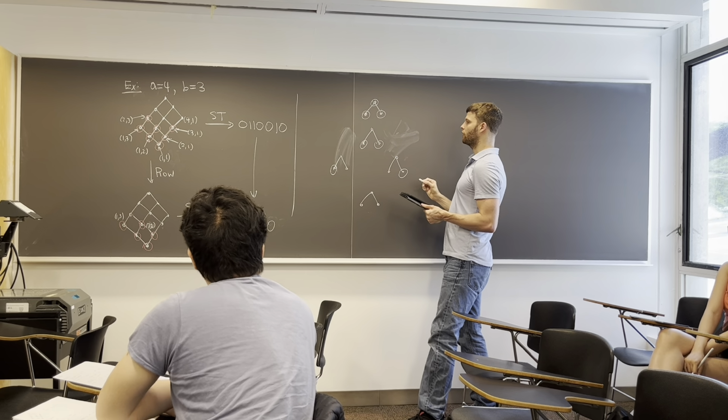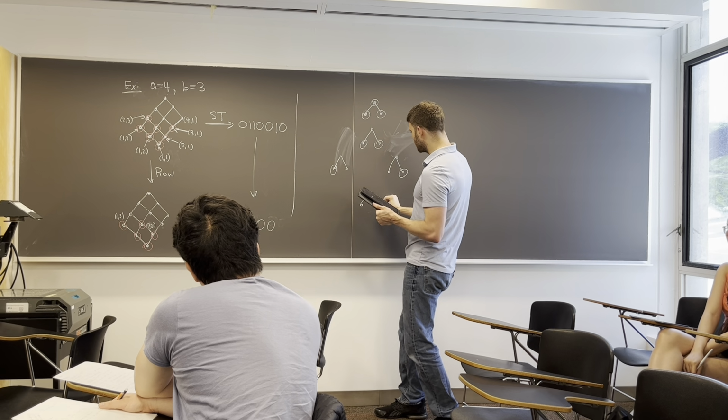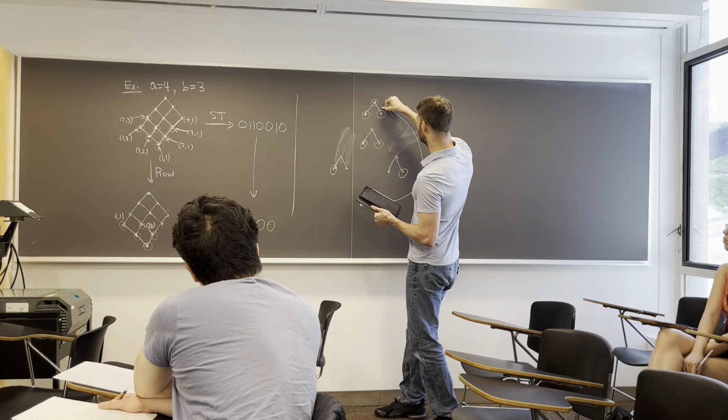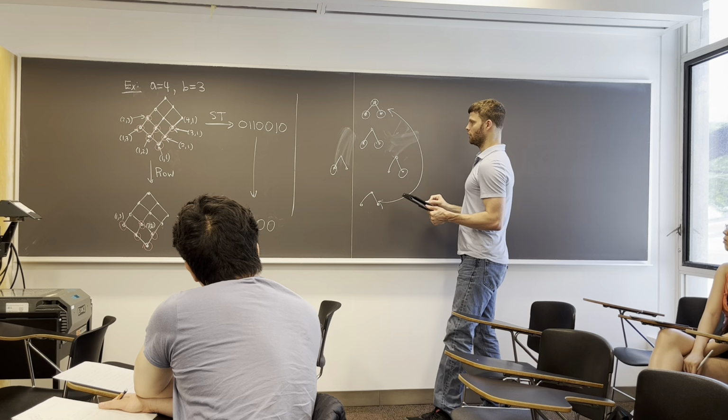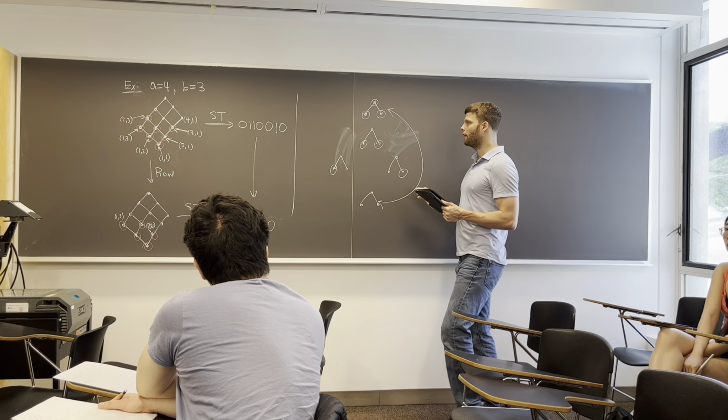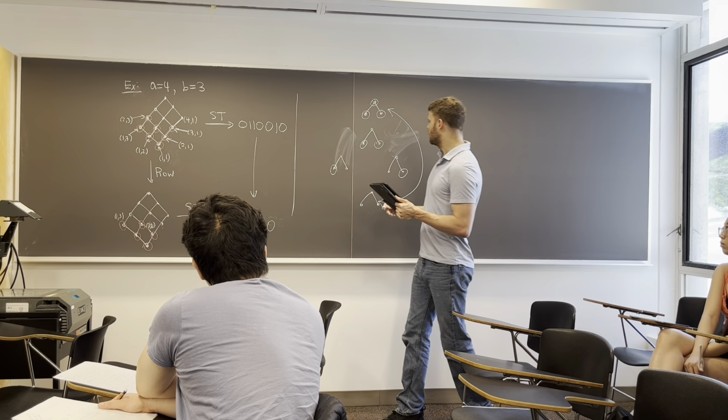I think what the orbits do is this one goes to the top, and the top one goes down here. So there's one orbit of size 2, and then these get permuted among themselves.